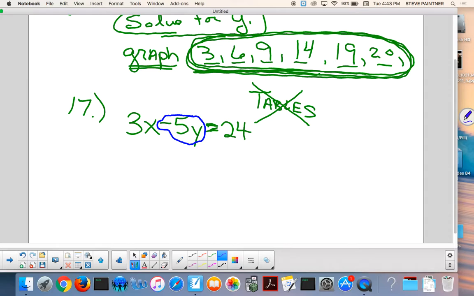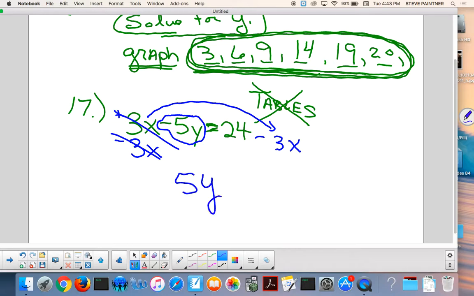You start by moving the x term over here with the 24. So you go minus 3x. Whatever you want to get on the other side, it's always add it or subtract it. Well, in this case, this is positive 3x, so we'll go minus 3x. Minus 3x. Out with 3x, all you have left is negative 5y equals, I always put the x term first, then I put the constant last, okay?